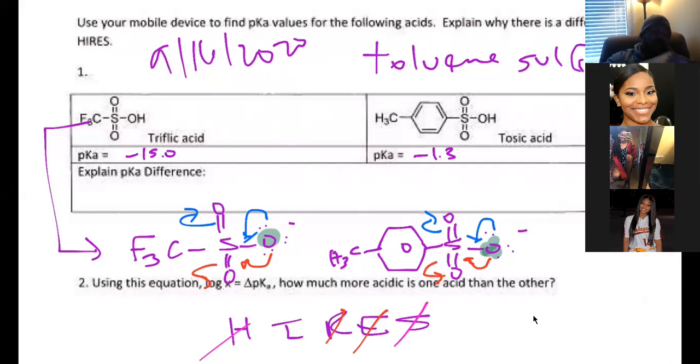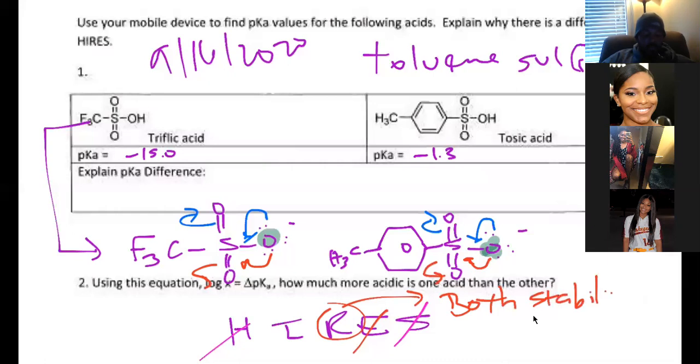I don't want to rule out resonance. I just want to say that they're both stabilized by resonance. So I'm gonna say that: both are stabilized by resonance. I'm abbreviating that.